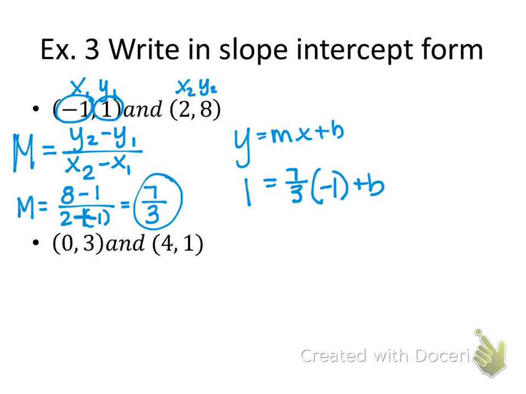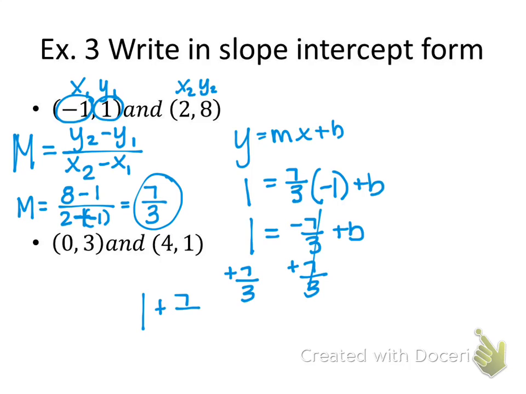So I do negative 1 times 7/3, which is negative 7 over 3, plus b. What would I do to get b by itself? Add 7 over 3. Can I add 1 and 7 over 3? No, I need to do common denominators. So common denominator would be 3. So I have 1 basically plus 7 over 3.